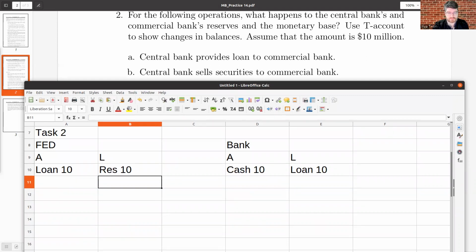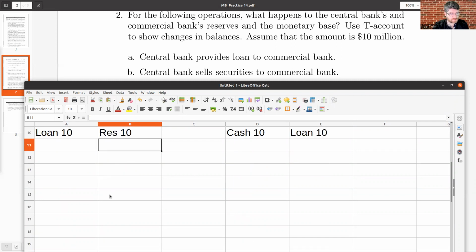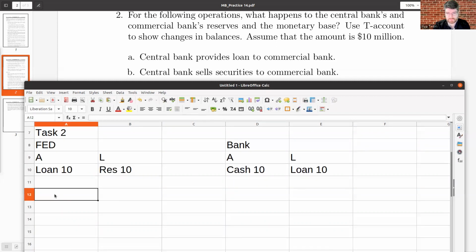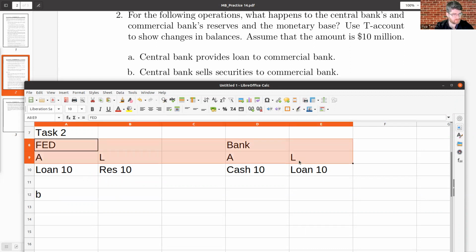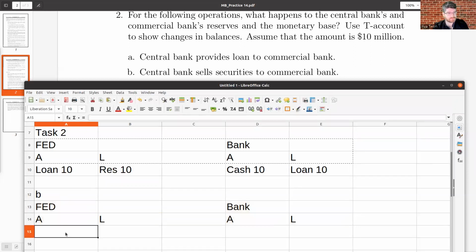So next, B. When the central bank sells securities. Again, this is something like that, but a little bit different for cash. What happens with the assets of the Fed?